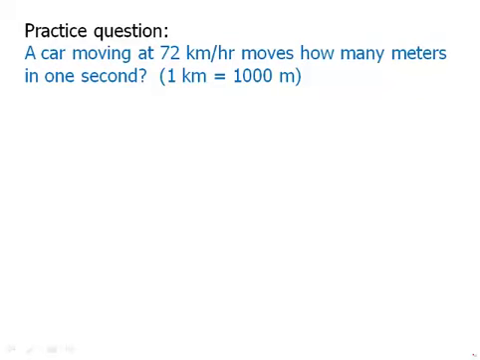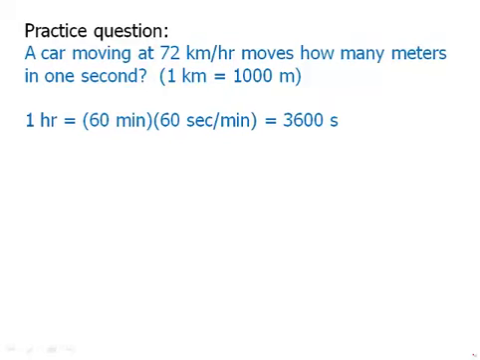Well, we know that 1 hour is 60 minutes, and each minute has 60 seconds per minute. So 60 times 60 is 3,600. 1 hour equals 3,600 seconds. That's actually a very good number just to have memorized because it does show up often enough that it's good that you don't have to recalculate it, just to know that 1 hour is 3,600 seconds.